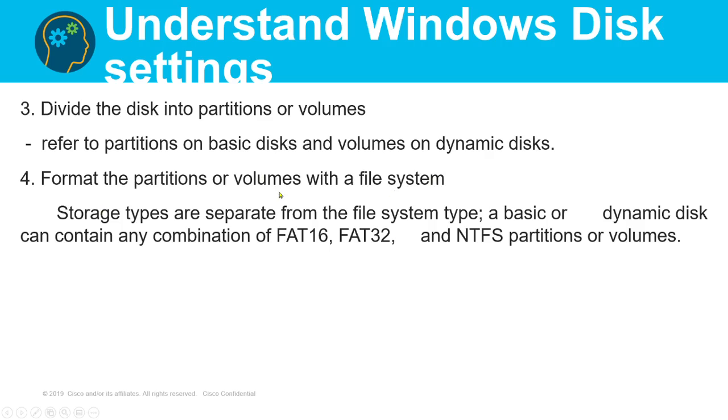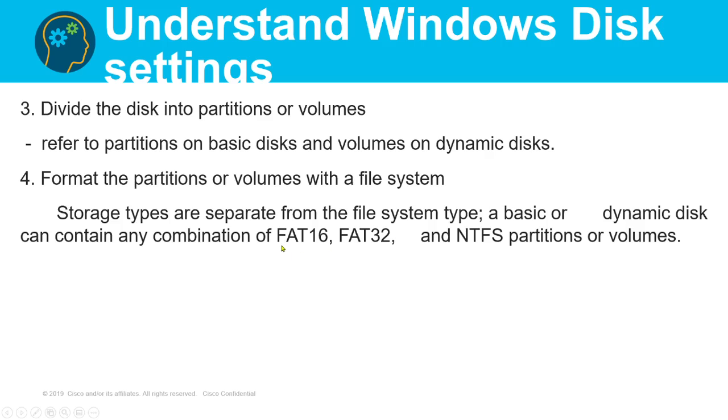What are file systems? File systems are the storage type, separate from the disk type between basic or dynamic. A disk can contain any combination of FAT16, FAT32, and NTFS partitions or volumes. What is FAT16?